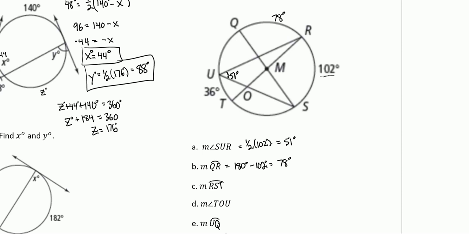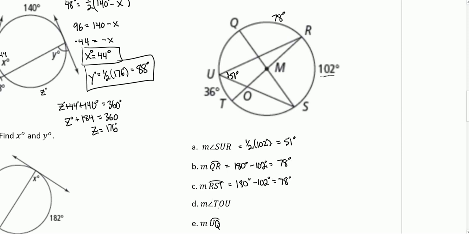Again, RT is the diameter, and so we can do this the same way we did part B. So it's 180 minus 102, and we get 78 degrees again.